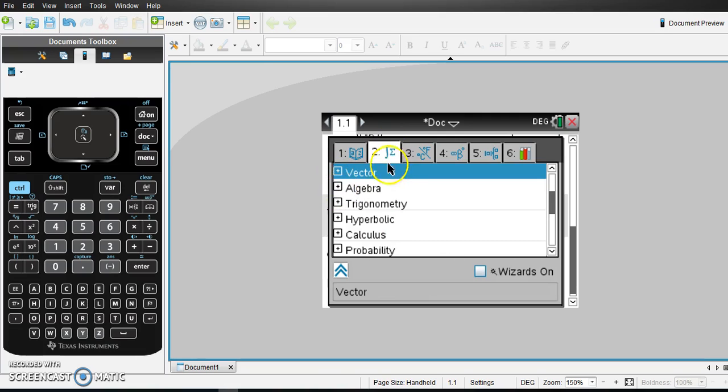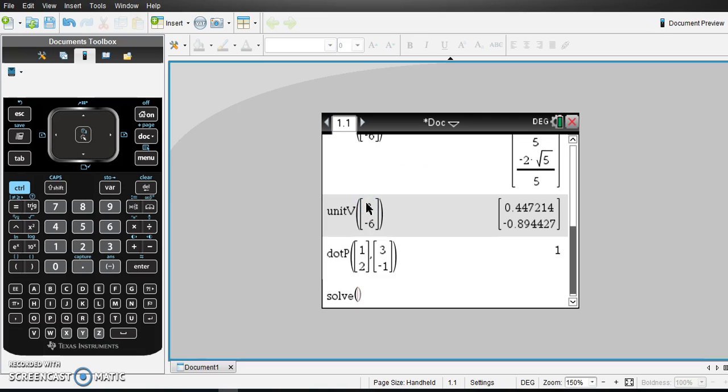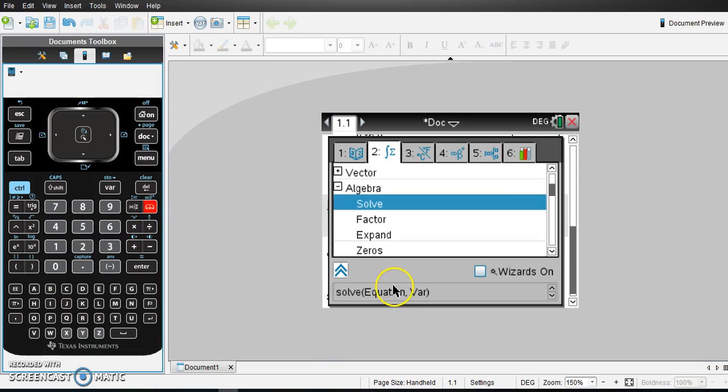A menu in number 2 that you should find really interesting would be the solve function under algebra, and this enables you to solve an equation. So you put the equation first in the brackets, then a comma, and then the variable through which you want to solve the equation.